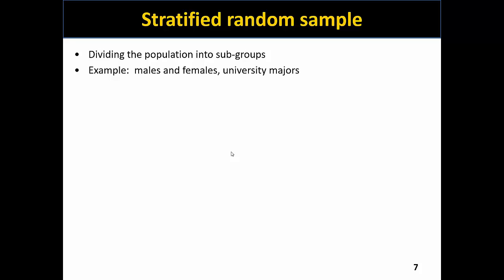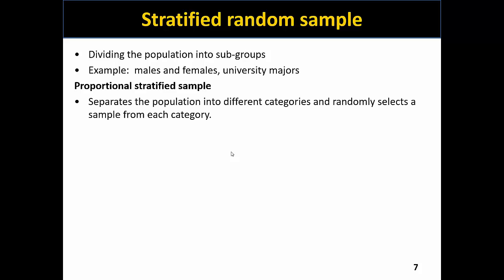More systematic ways, more direct ways to obtain samples. The first is referred to as a stratified random sample, and this divides the population into subgroups. So for example, if we were interested in males and females or different university majors, we might approach this by obtaining what's called a proportional stratified sample.